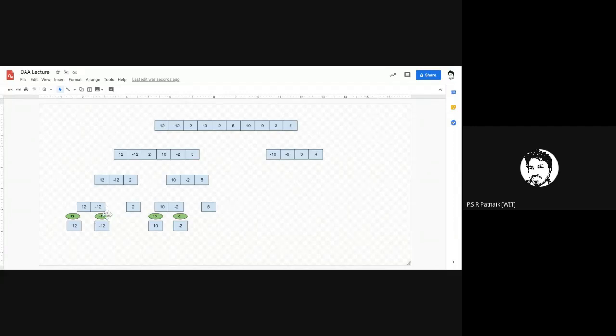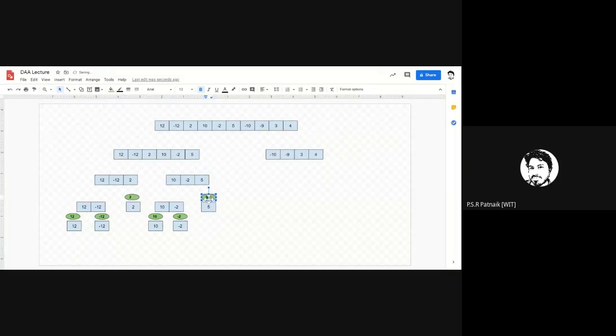Likewise, if I go here, you will understand that here the sum would be 2, and likewise wherever we have a subarray, we will have 5 as well.